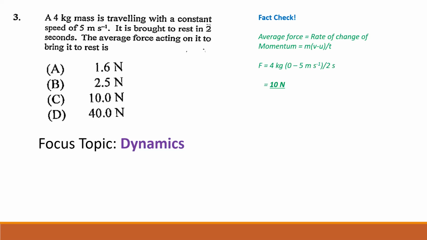And so the force is equal to 4 multiplied by the change of velocity, which would be 0 minus 5 in this case, divided by 2. However, we are not going to include the negative sign in our answer. So the answer is 10, and the closest thing is C, 10.0 Newton.